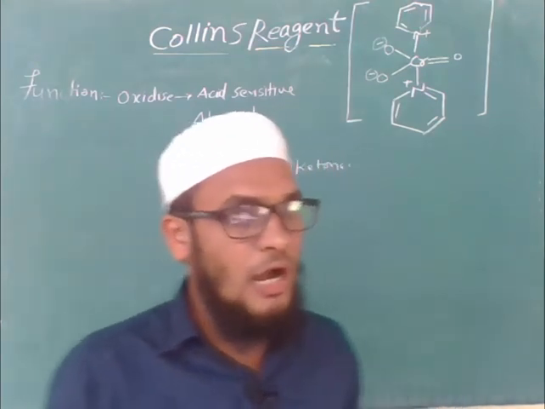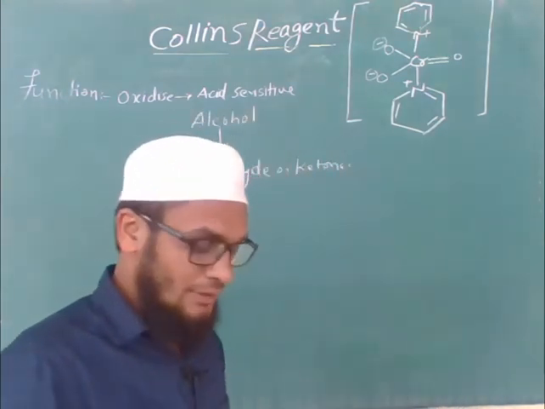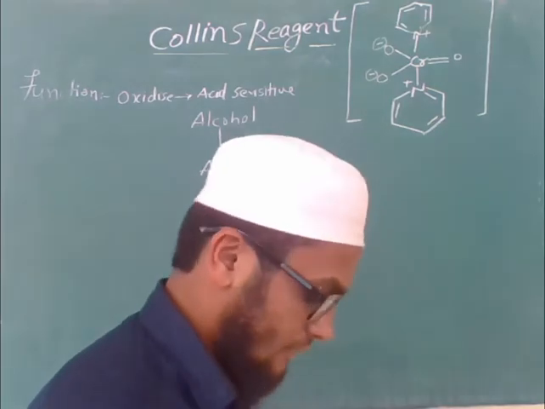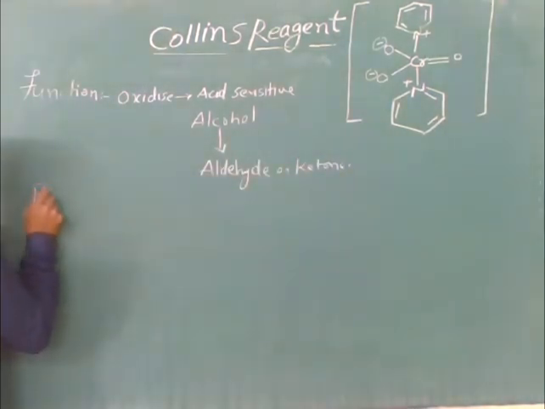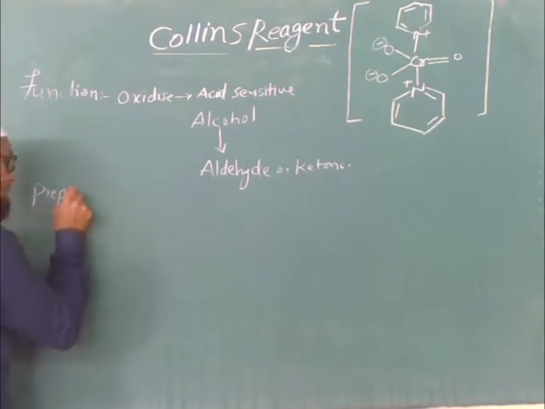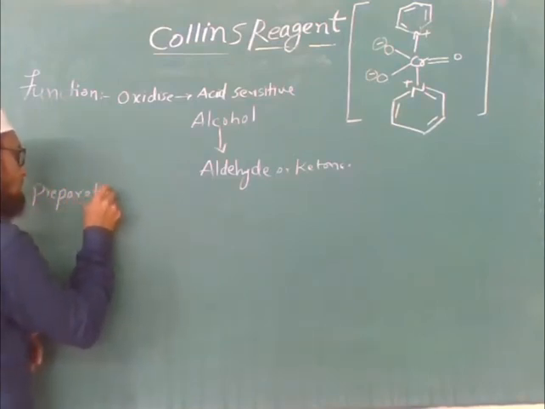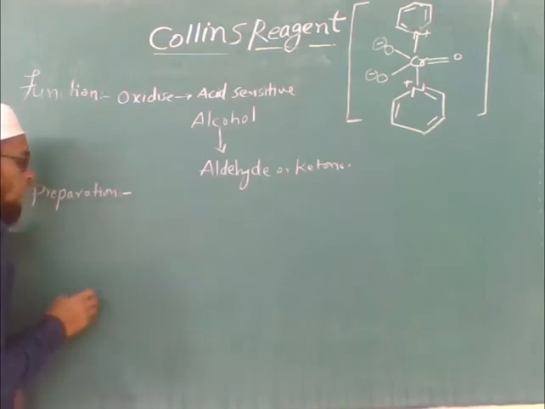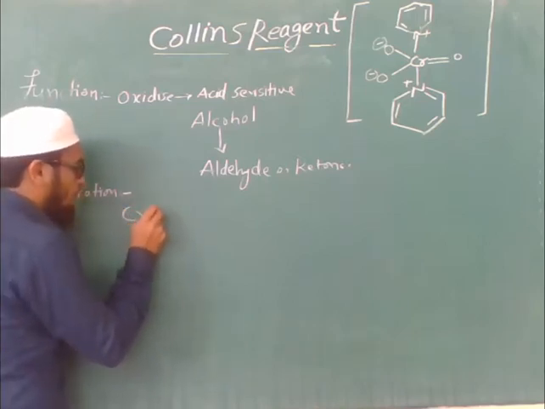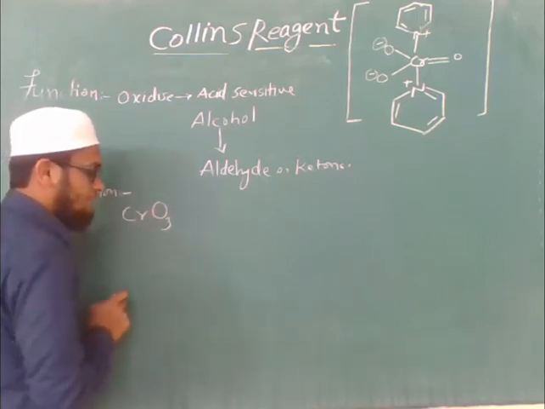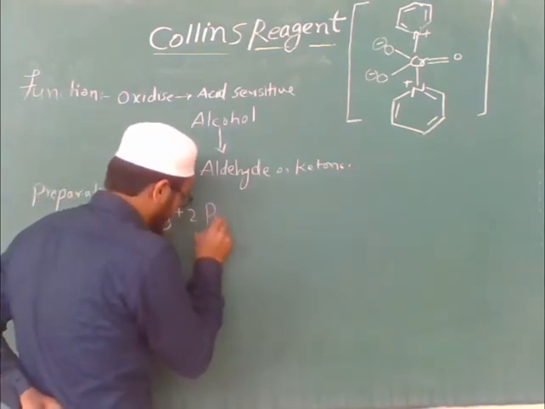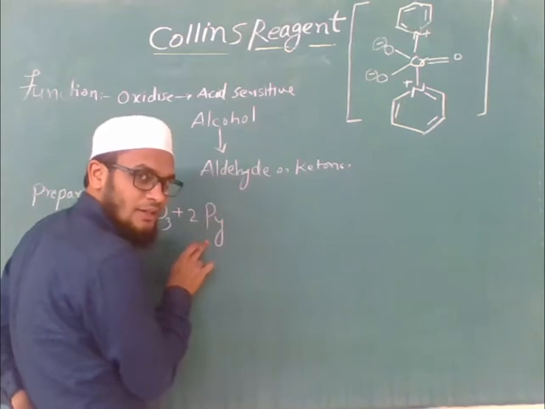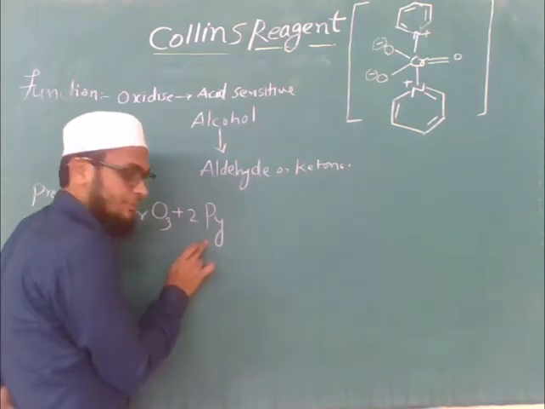So, first look at how it can be prepared. I will tell you its preparation method. I will take chromium trioxide plus 2 molecules of Py. What is this Py? It is pyridine.